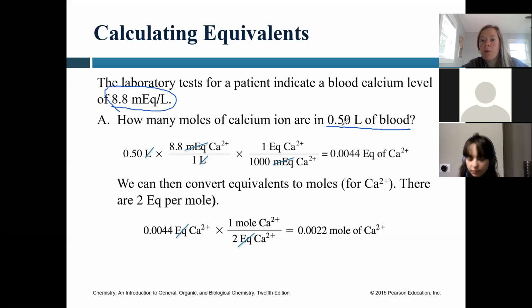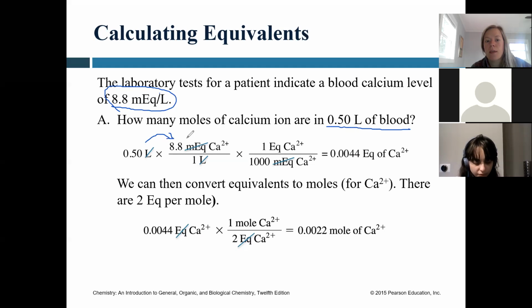Well, we know that we have 0.5 liters of blood. So the first step is to convert from liters of blood into milliequivalents. So I've got 0.5 liters. I multiply it by this conversion factor here. I'm going to put the liter on the bottom and put the milliequivalent on the top so I can get out of liters. That step will get me into milliequivalents.